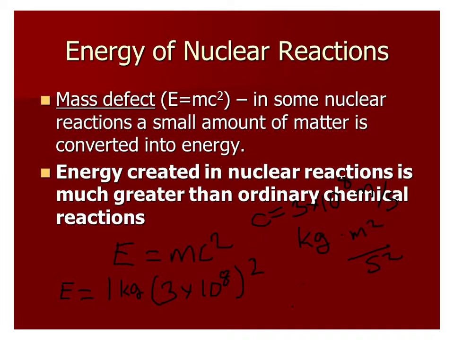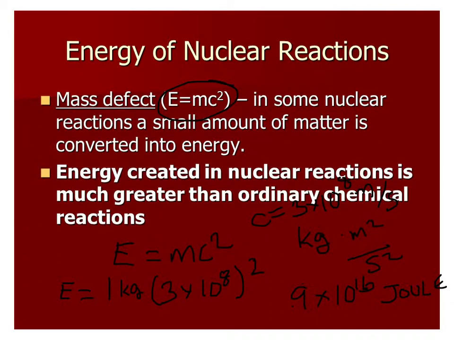I also square the 3, and that gives me 9. So 9 times 10 to the 16th times 1 kilogram, and that all equals joules. So 9 times 10 to the 16th joules results from 1 kilogram being all converted into energy using the Einstein equation of E equals mc squared.